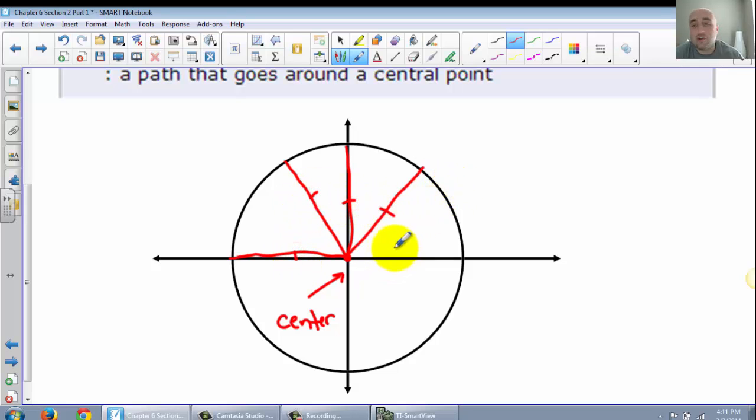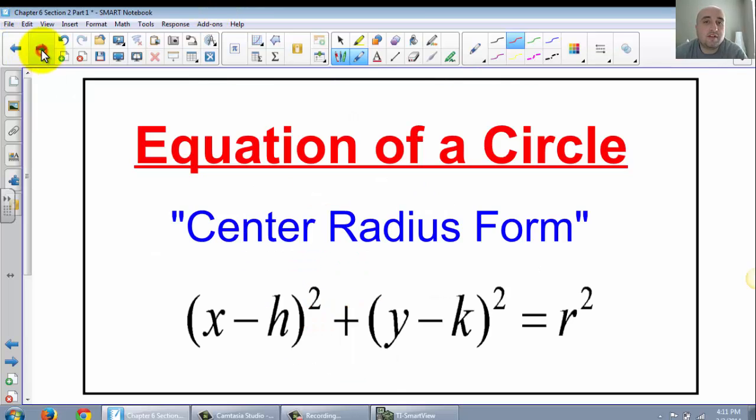Those are all equal. They should all be equal. And these sides are called the radius. Okay, so that is what a circle is. It's a bunch of points that are the same distance from the center of the circle. And when you combine all these points together, you have a circle. That's basically all it is.